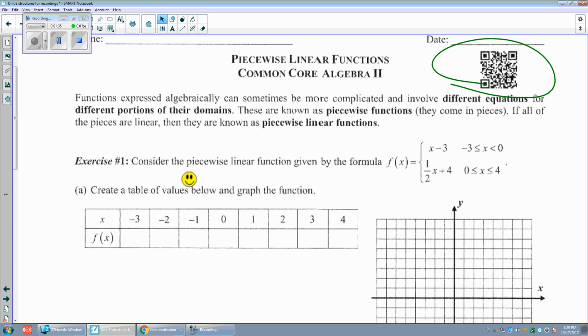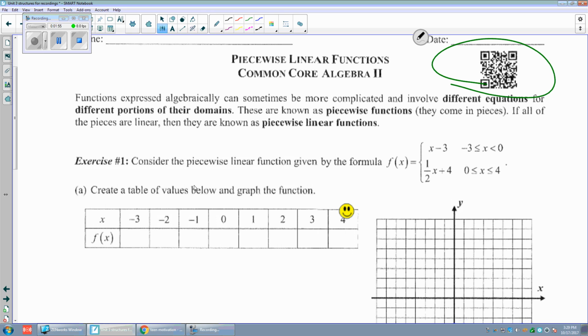So now I want you to consider the piecewise linear function given by this. What in the world are you asking me to do, Mr. Bryce? F of x equals either this stuff or f of x equals this stuff.